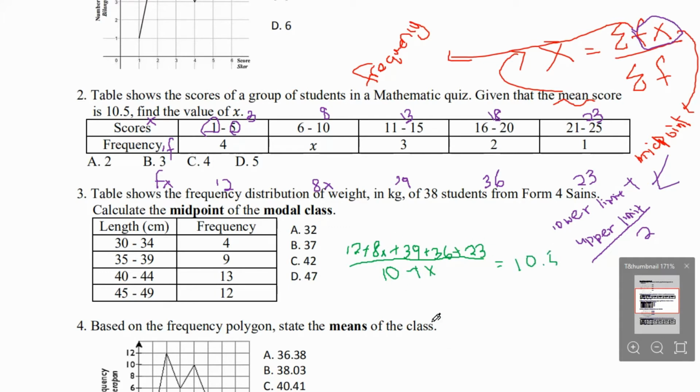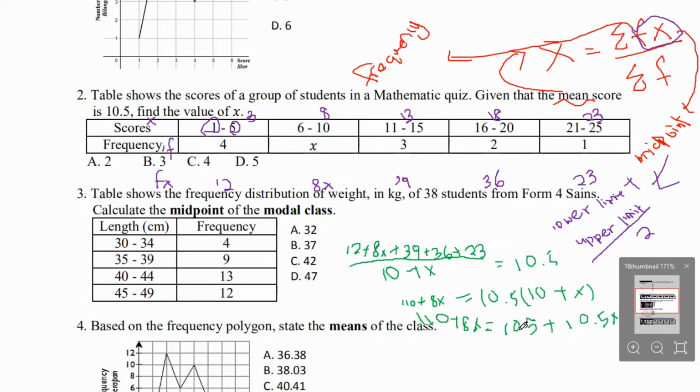Okay, you solve this. So 12 plus 39 plus 36 plus 23 equals 110, plus 8x, equals, this 10 plus x, we bring it to the right hand side. So 10.5 multiplied with 10 plus x. So 110 plus 8x equals 105 plus 10.5x.